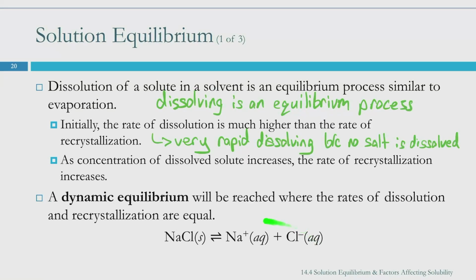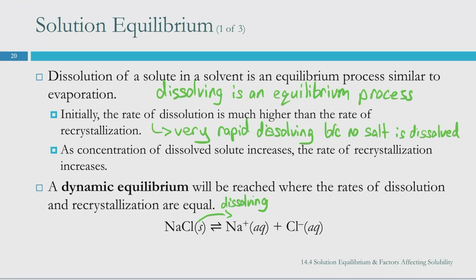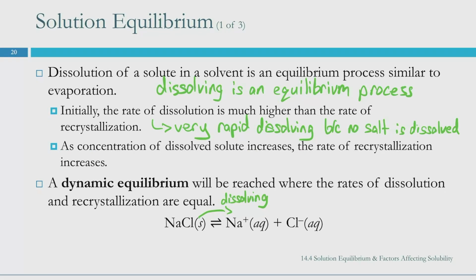In our little chemical equation here, the right arrow is dissolving, getting broken down into the ions, pulled apart, and our left arrow represents recrystallization, our solid ionic compound reforming from the solution.